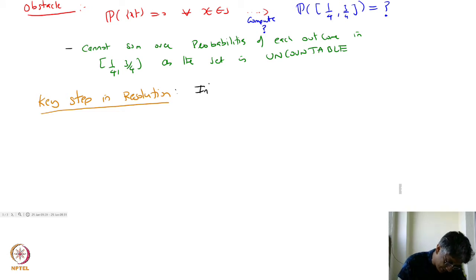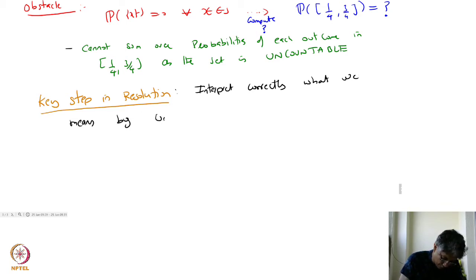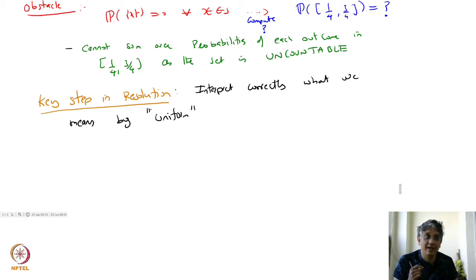So we need to interpret correctly what we mean by uniform, that is, to choose a number equally likely in the setup when S is the interval 0, 1.